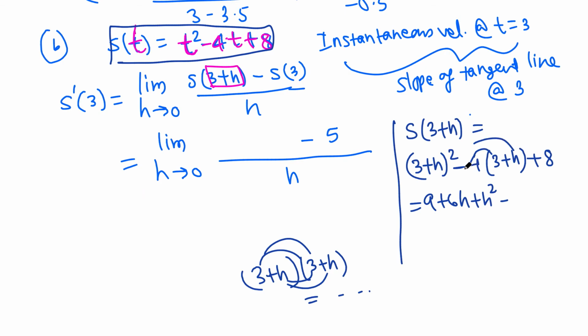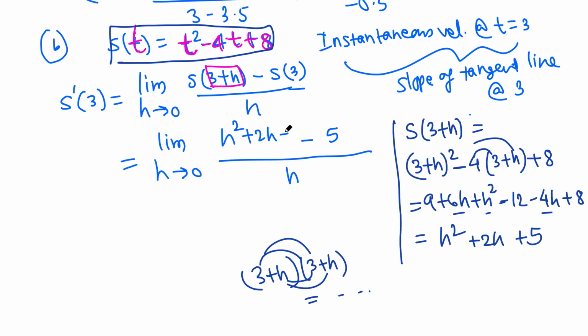Now distribute the minus: minus 12 minus 4h plus 8. Combine: h squared, then 6h minus 4h is 2h, then 9 minus 12 plus 8 is 5. So we got h squared plus 2h plus 5.